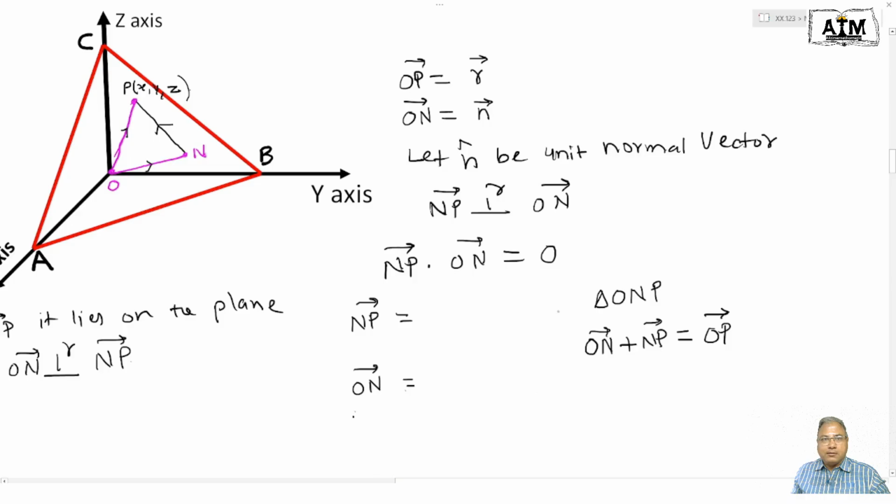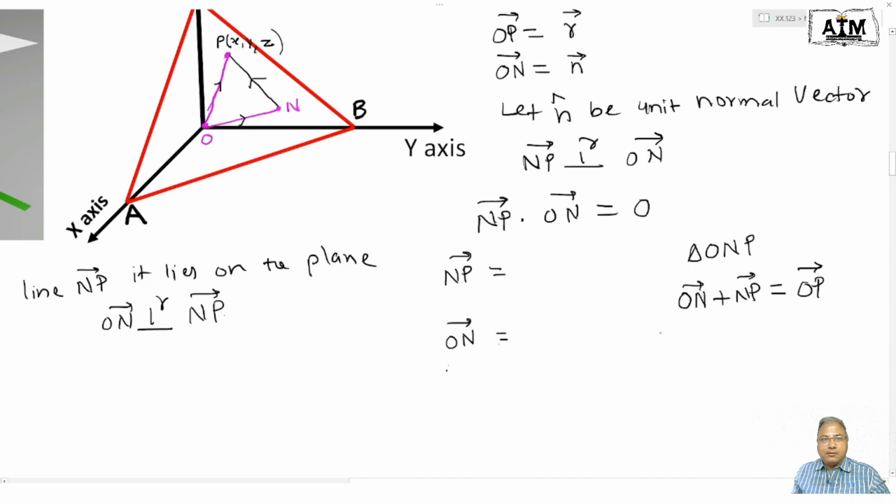This relation we obtain by using the triangle law of vector addition. From this relation, we get vector NP equals vector OP minus vector ON.